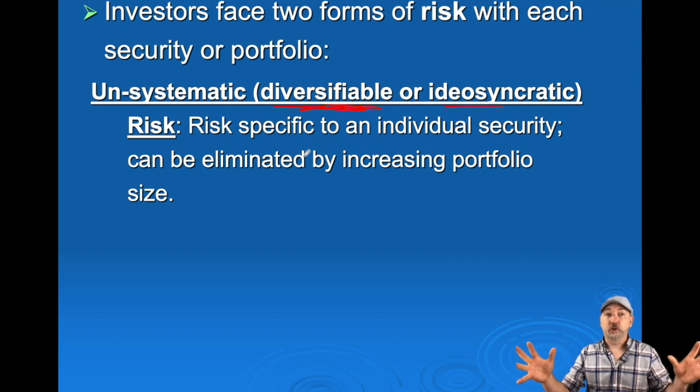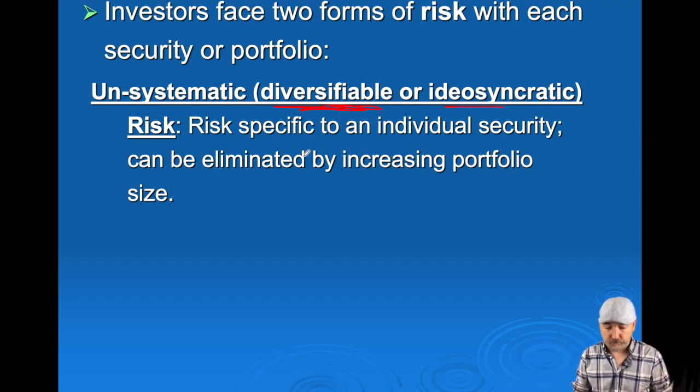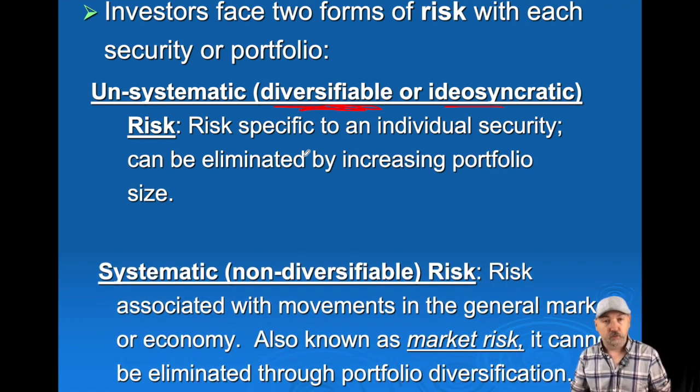The more firms you own, the more they're going to tend to counterbalance each other, as opposed to, again, systematic risk, which we think of as market-wide. Basically, if the economy goes into recession, both Coke and Pepsi are going to be hurting. Their profits are going to be going down, and their return on the stock is going to be going down as well.